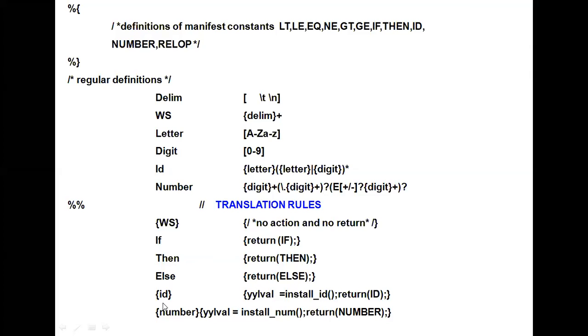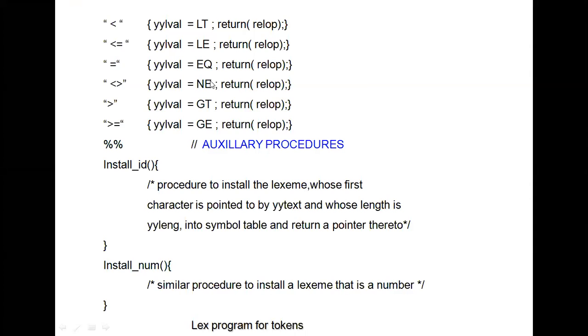Identifier is a token here, so we need to give the action, what the identifier is performing: the return value is an id. Number, again install number and return number. In this way we need to perform the translation rules.